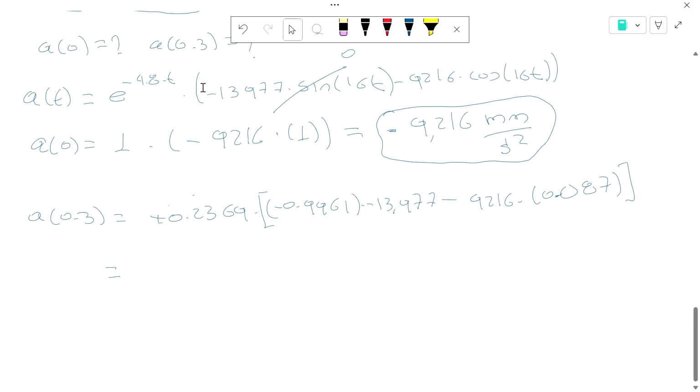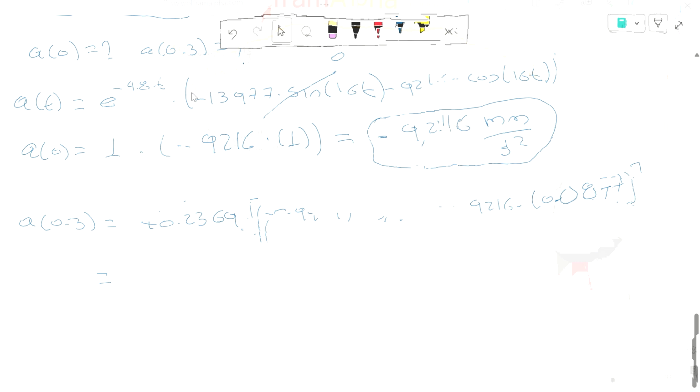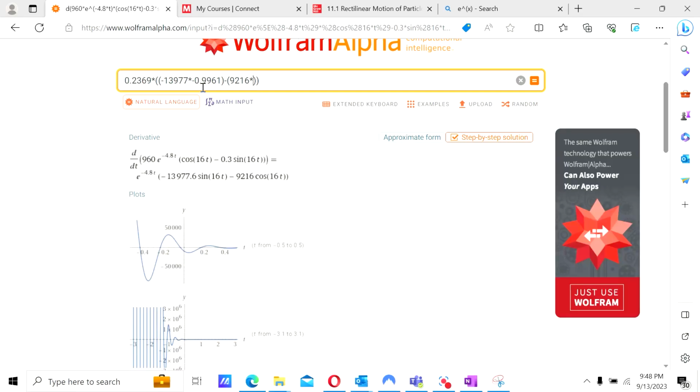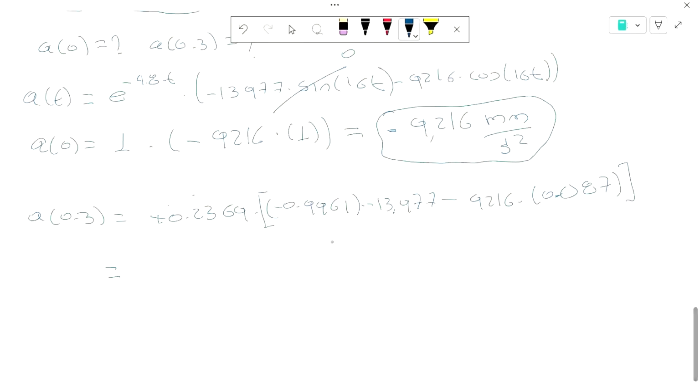The first parenthesis is negative 13,977 times negative 0.9961, and here we have 9216 times 0.087. So that is 3,108.